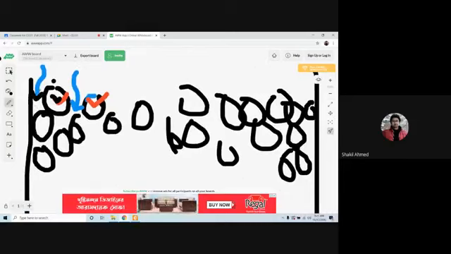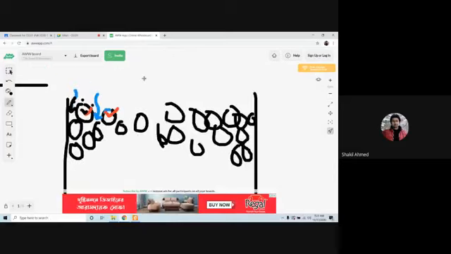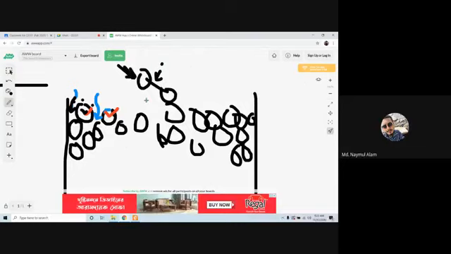And since the velocity is higher here and lower here, there will be more force acting upon this. And since there is a force difference here and there, tell me if this is a particle, this is larger force and this is smaller force. What would happen? Where will the particle go? In this direction, right? Yes, sir.